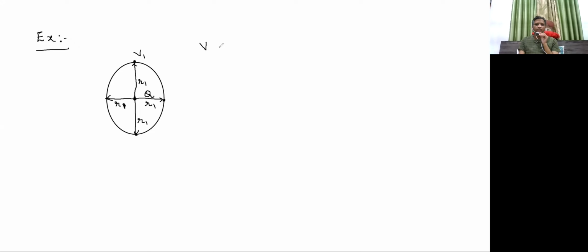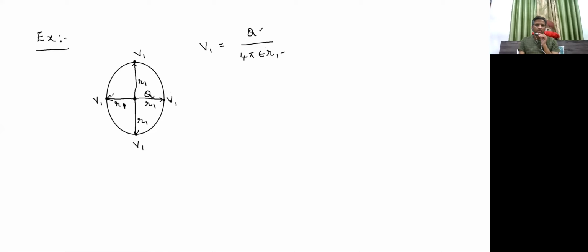As we know, V1 is equal to Q by 4 pi epsilon R1. See, this potential V1 only depends on charge and R1. Here the charge is the same, we are not changing it, and the distance everywhere is the same. So the potential here is also V1, here is also V1.